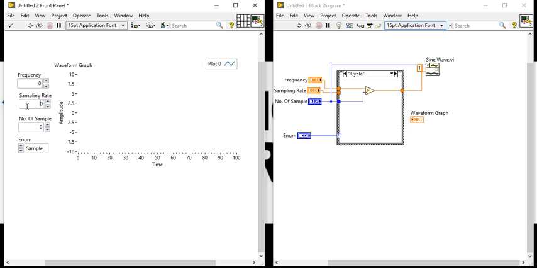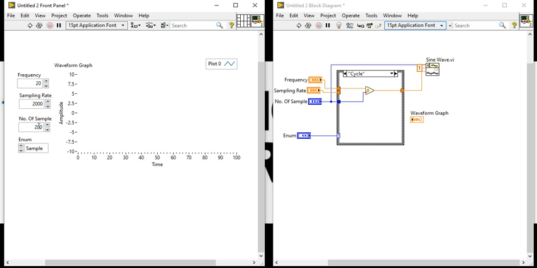The sampling rate will be 2000. The frequency will be 20 and the number of samples will be 200. So in this condition, it will plot 200 data points. To plot that, we will divide this frequency by this 200.